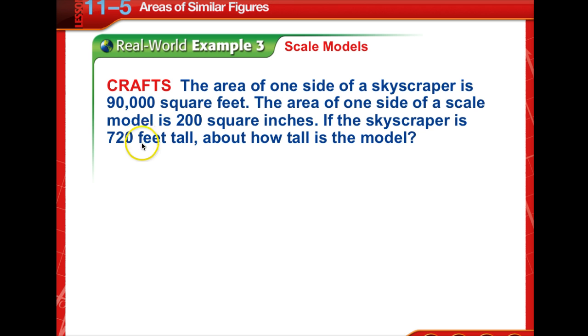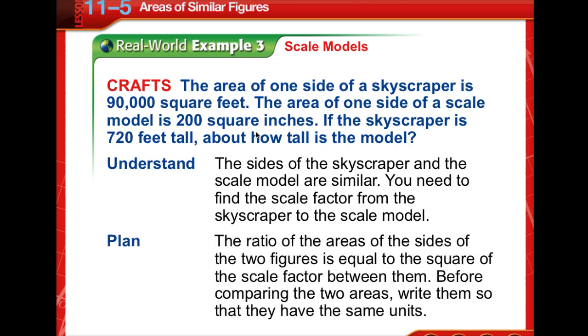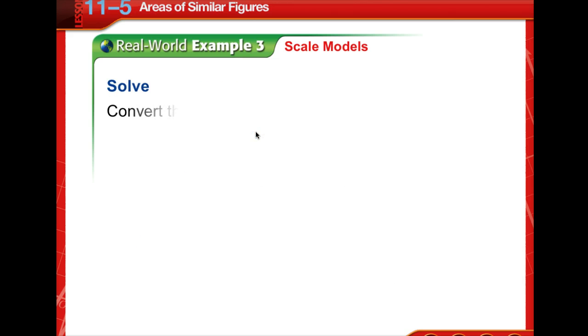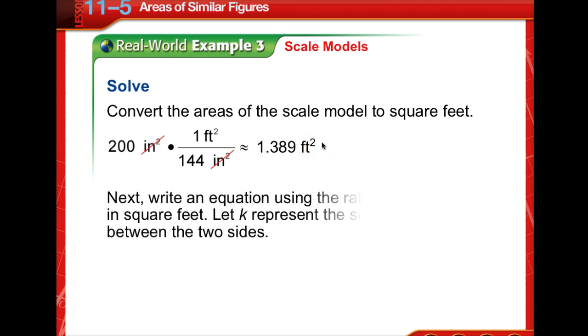So since we're going to be trying to find in feet, let's change our square inches to feet. So 200 square inches is 1 and 389 10,000 square feet. Now let's write an equation using the ratio of the two areas of square feet. We're going to let K represent the scale factor between the two sides.